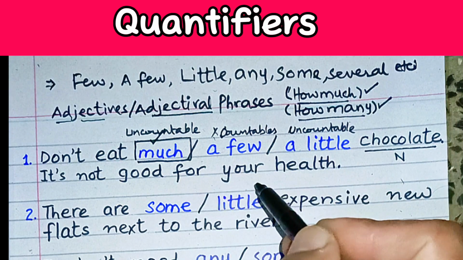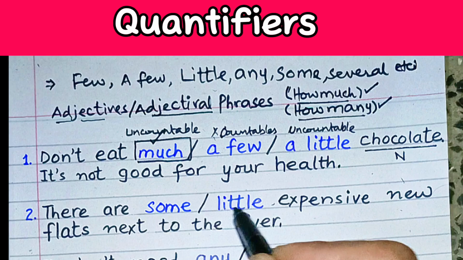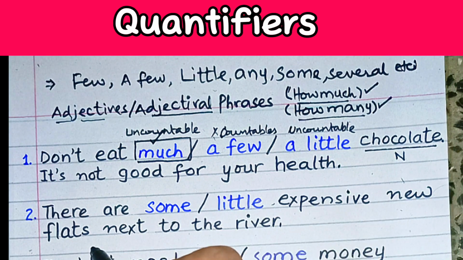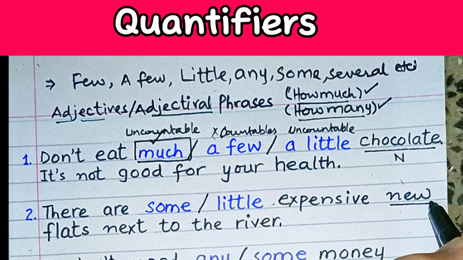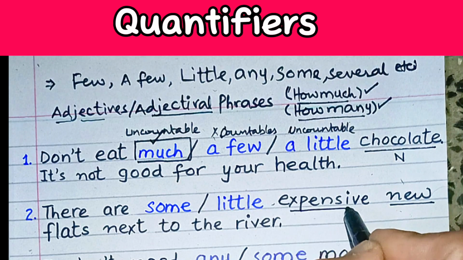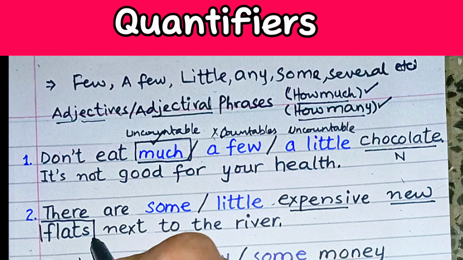It shows some scarcity. Number 2, there are some or little expensive new flats next to the river. Over here again, the adjectives expensive, new are describing the word flats.